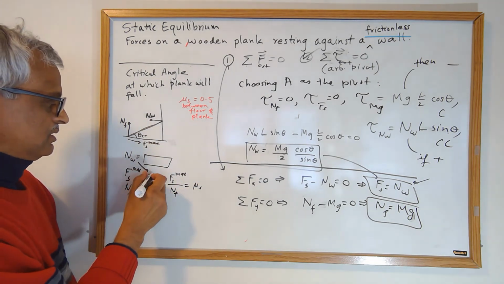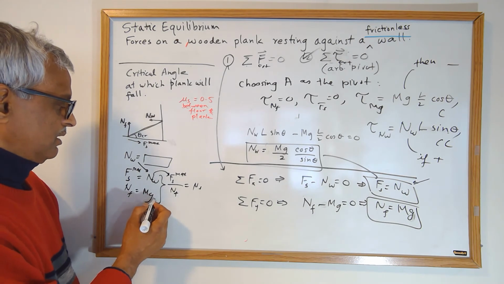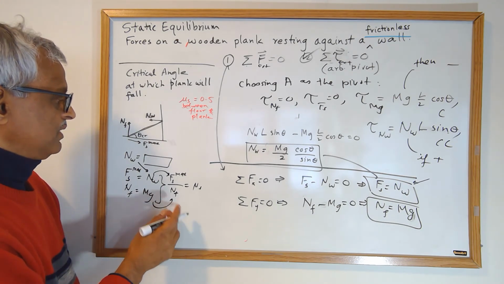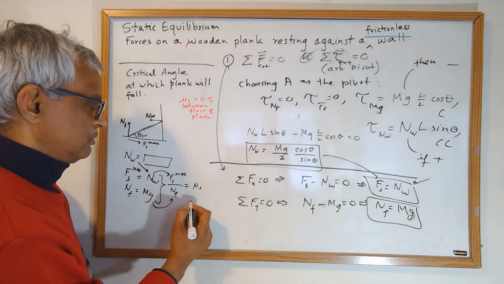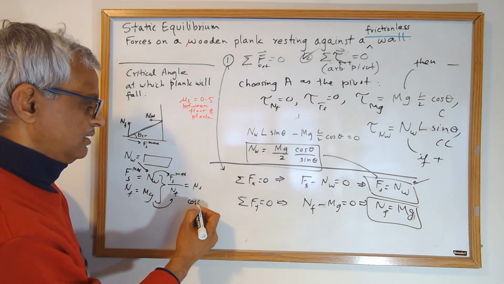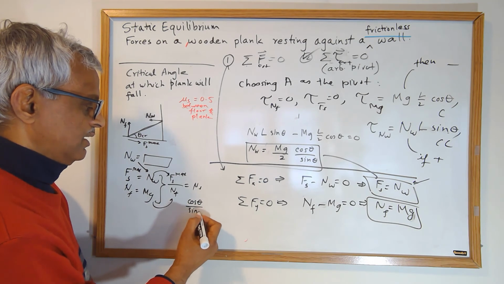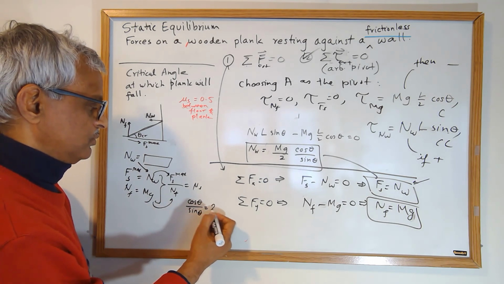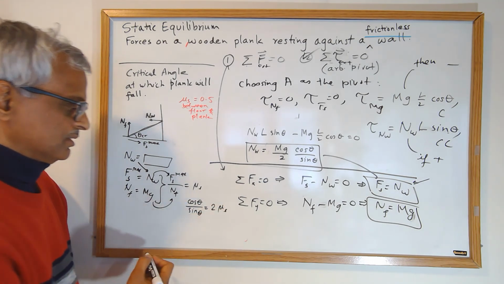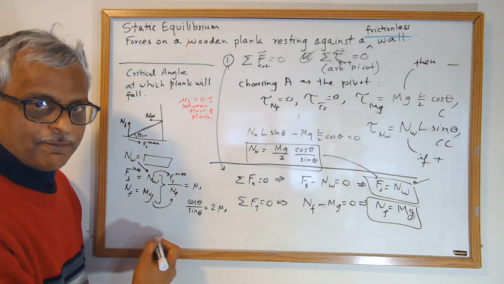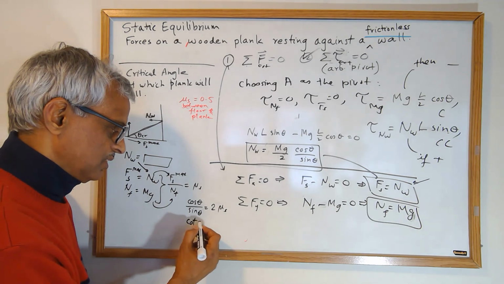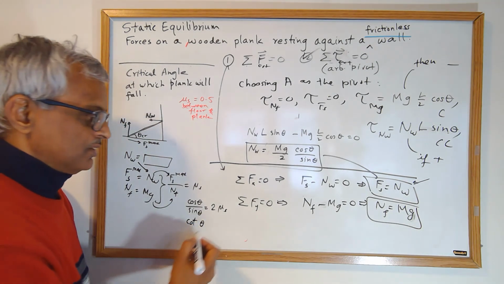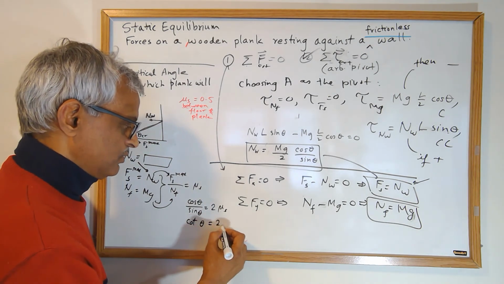So if I put this in here and put this in here, the mg cancels out, and so this gives me cosine theta over sine theta equals 2 times mu s. Now this is the trigonometric function called cotangent of theta, so that's equal to 2 mu s.